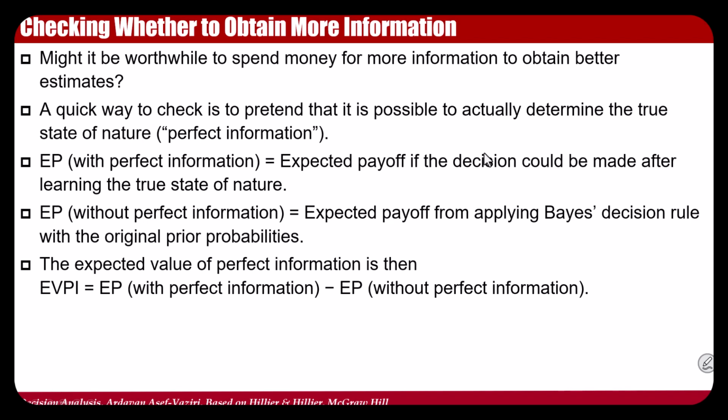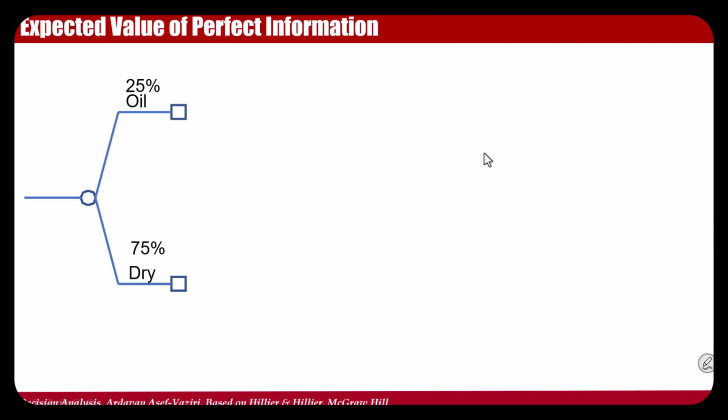Expected value with perfect information is expected value of decision that could be made after learning all potential states of nature. In perfect information, I know what is happening. That is either oil or dry. I know it in advance.